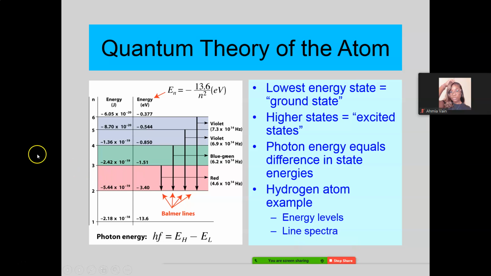Notice here they talk about energy in joules. That's the one we're used to. And look how incredibly tiny those energies are in joules.